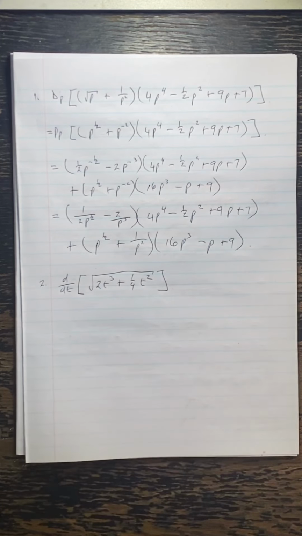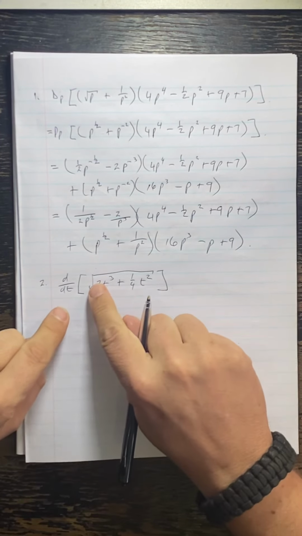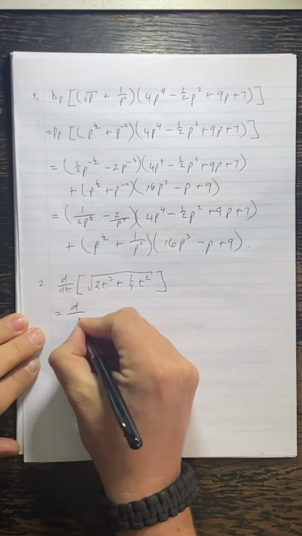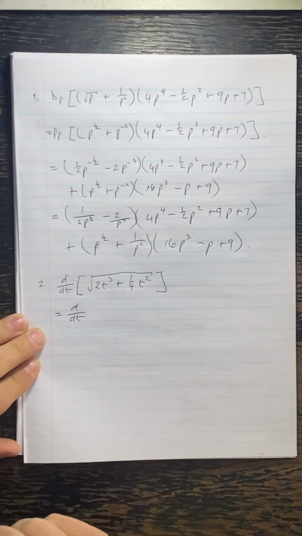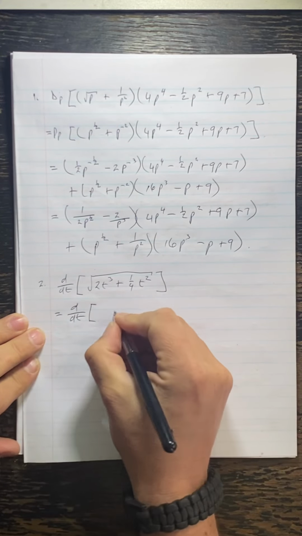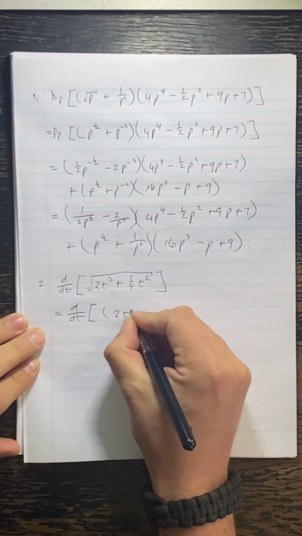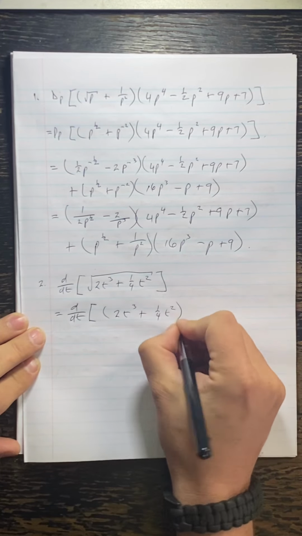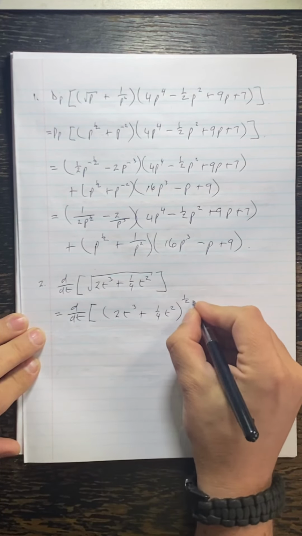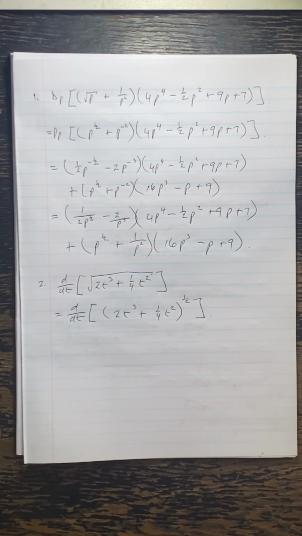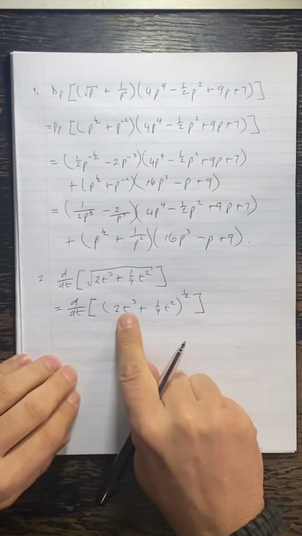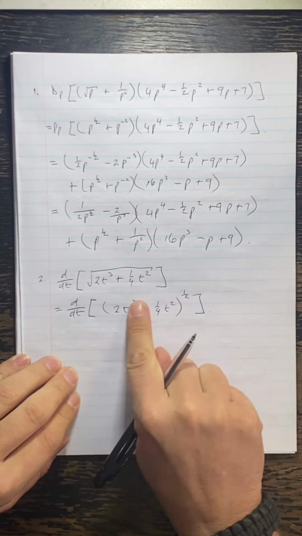Before I differentiate this, I'm just going to convert this square root into an exponent. I have not taken the derivative yet, and that's why I must still write d by dt. And that's going to be to the power of a half.